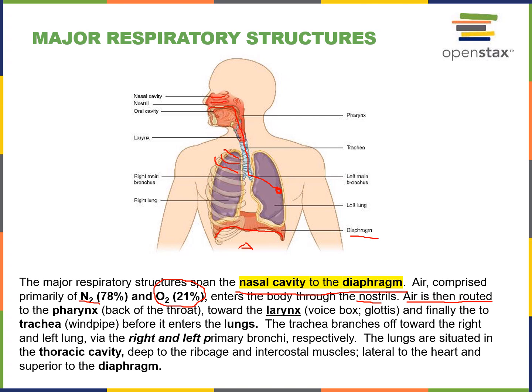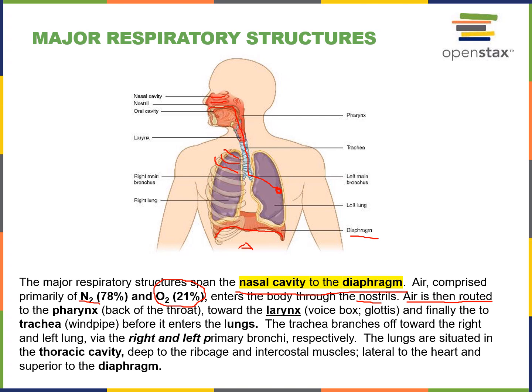As the air is passing through them, they have passageways. It creates a lot of turbulence, and that also helps because remember, mucus is very sticky. So dust and other particles can stick to the mucus so that the air is cleaned as it makes its way down.